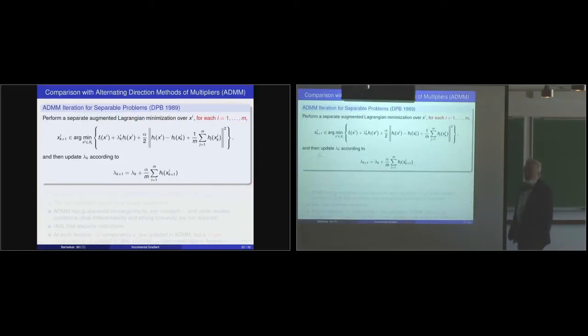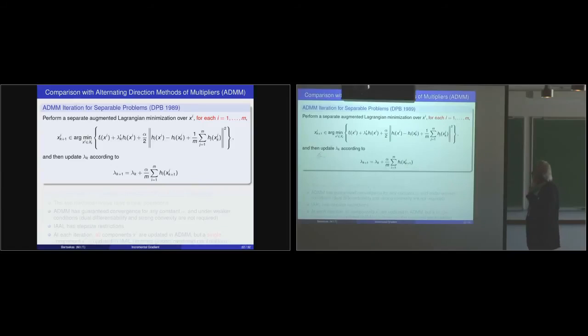Okay. Now let me mention another method that's also at the center of convex optimization research now. It's the alternating direction methods of multipliers, ADMM. The interest on those is just phenomenal. Like, 2,000 citations in the last couple of years or something.